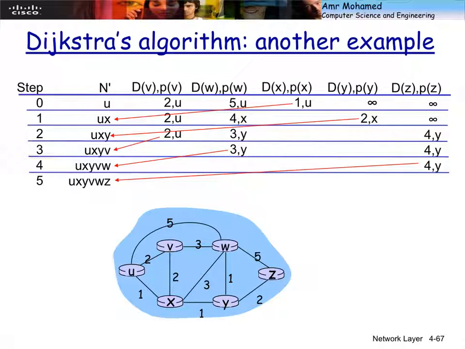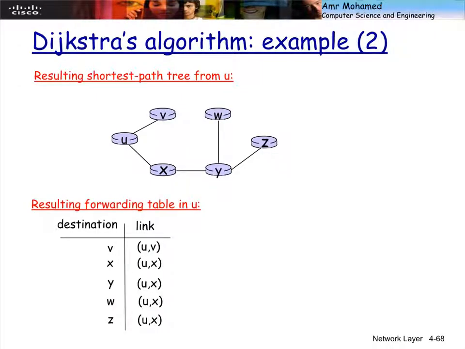So this is the exact same example on a different network. So it's another example of a different network, and we have to calculate the shortest path tree from U all the way to include all these nodes, and this is the shortest path tree.